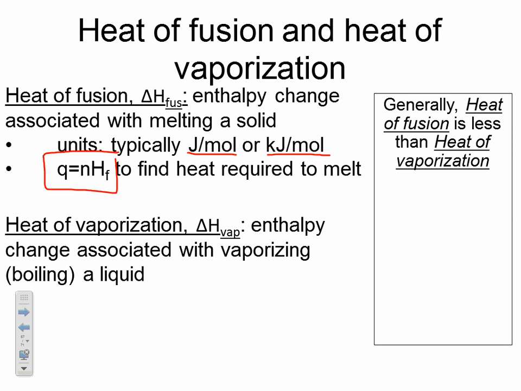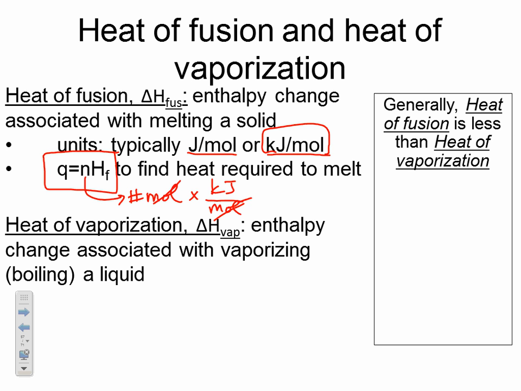This formula right here is not on your reference table, but all you really need to know is that if this is the unit, then that tells you everything you need. If you multiply the number of moles by kilojoules per mole, moles will wind up canceling and you'll determine the amount of heat needed to melt a particular sample of a substance.